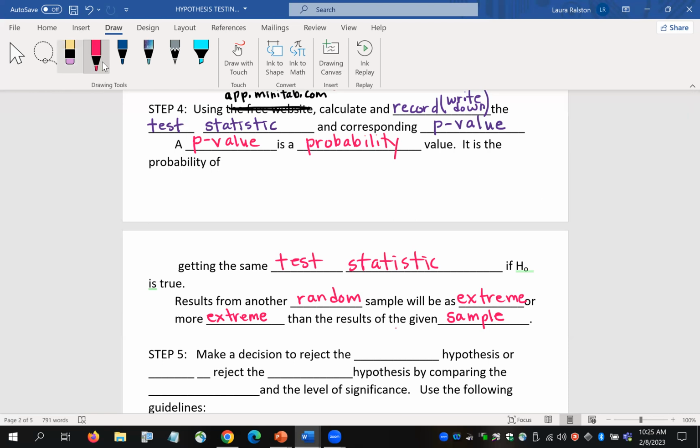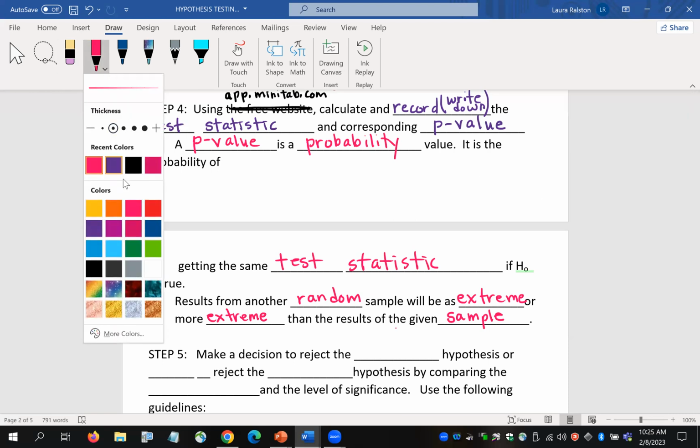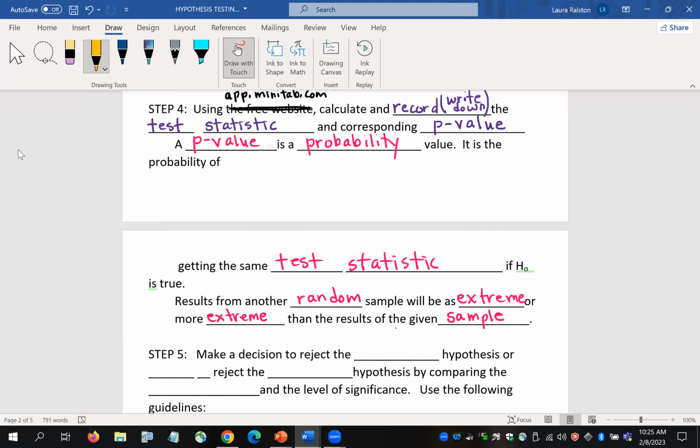One thing that is extremely important for you to remember: if the p-value is a probability value, remember that all probability values are between 0 and 1. So a p-value will never ever be negative, and it will never ever be bigger than 1. It has to be between 0 and 1 because it is a probability.